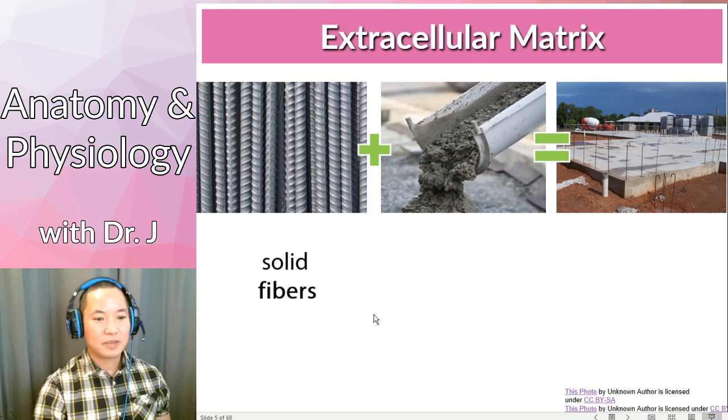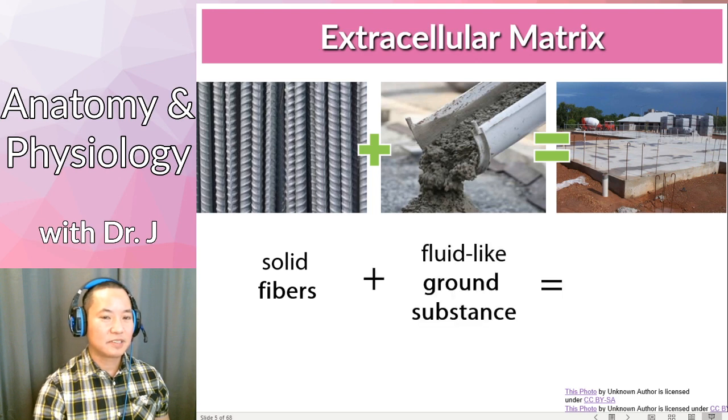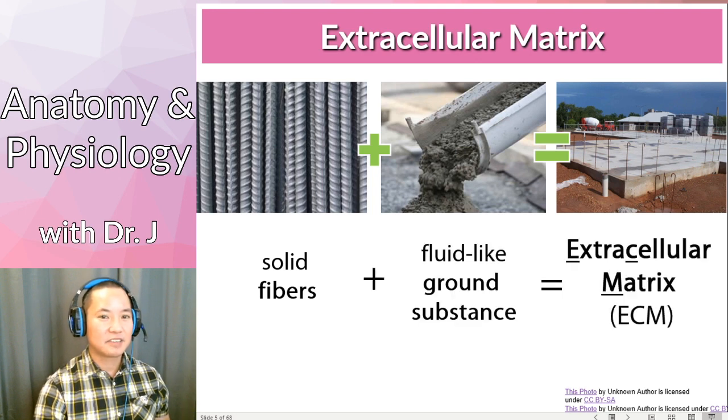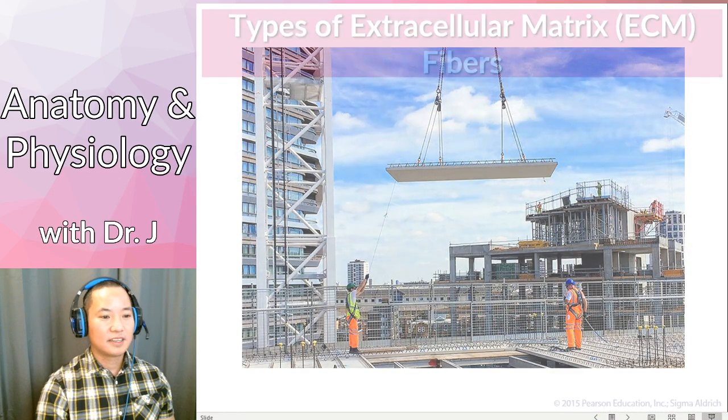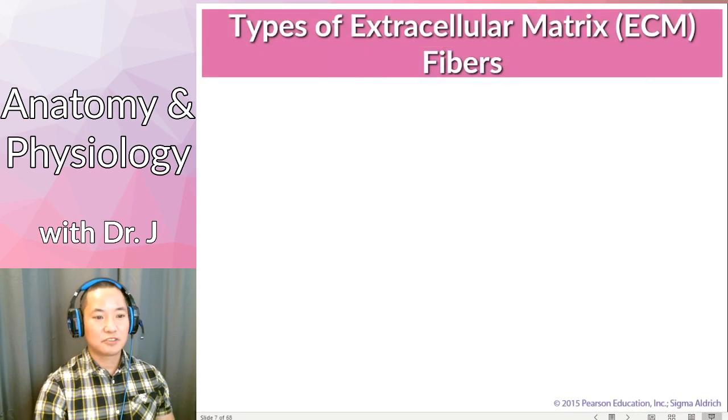In our connective tissues, the extracellular matrix has solid protein fibers plus something called a ground substance. Together they make up the matrix of a connective tissue. It's like the foundation, so you can build upon it and have your epithelial tissue or other cells that aren't part of the connective tissue.